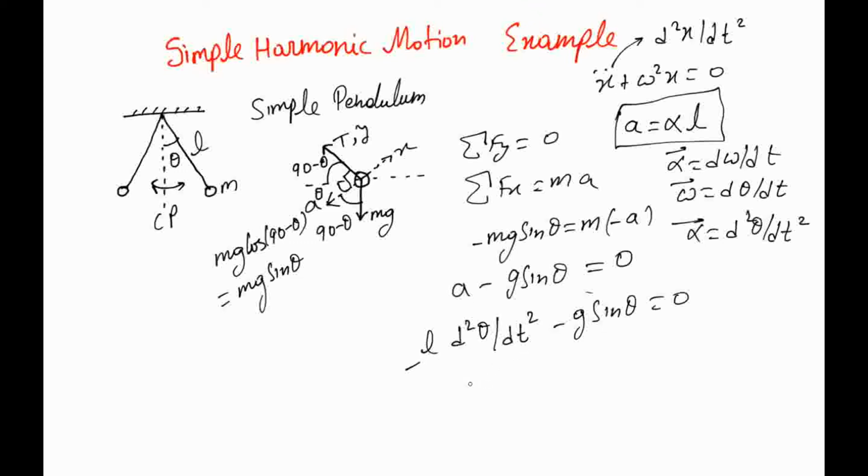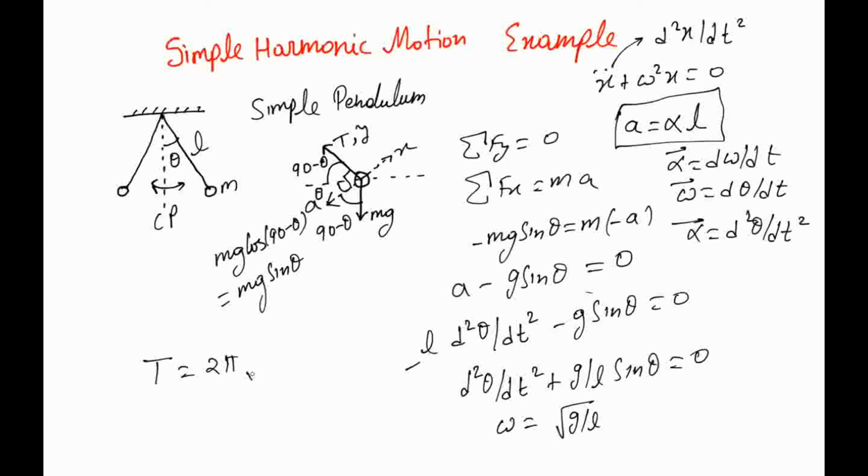Okay, and that gives us d squared theta over dt squared plus g over L sine theta equals 0, and that gives us omega equals square root of g over L. And similarly we get T equals 2 pi times the square root of L over g, this is the time period.